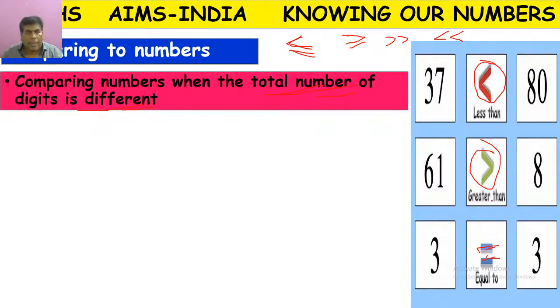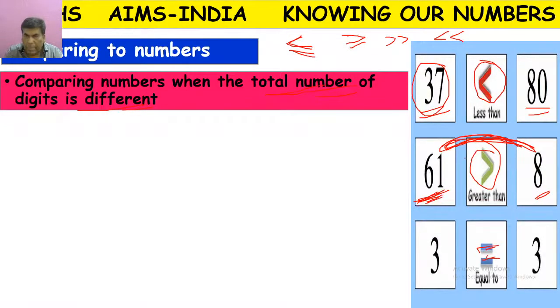These are all the mathematical symbols for comparing numbers. Here 37 is less than 80 because 37 is the smaller number, so we make use of the less than symbol. But for 61 and 8, while comparing we have to tell how the first number is related to the second number.